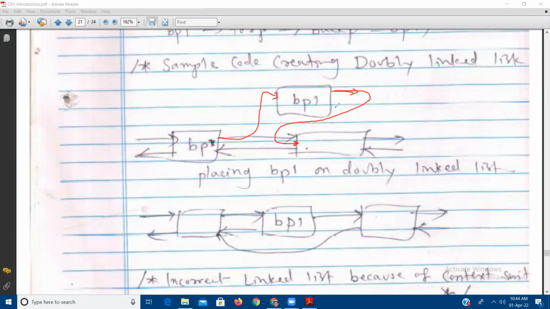Then its backward pointer, this pointer, so this pointer should be adjusted like this. Right? And its back pointer should be adjusted like this. So in short, I just want to say that to insert one node in between two nodes, in a doubly linked list, I have to adjust 4 pointers.